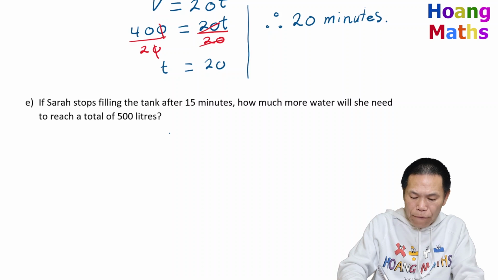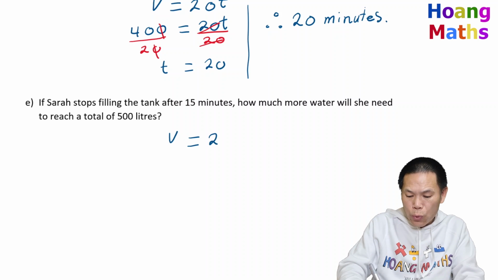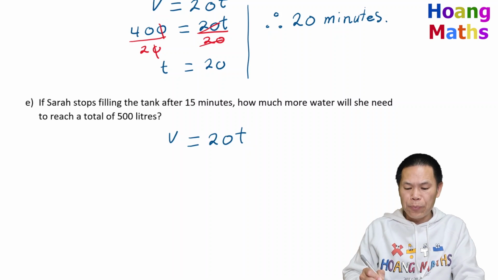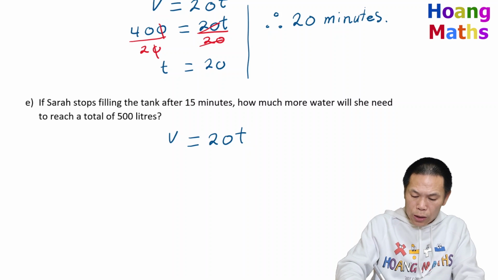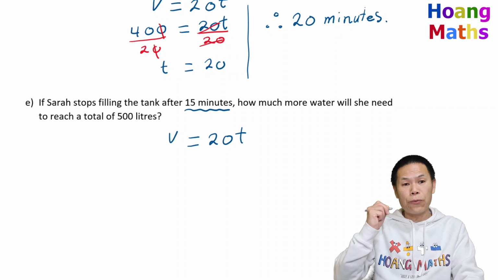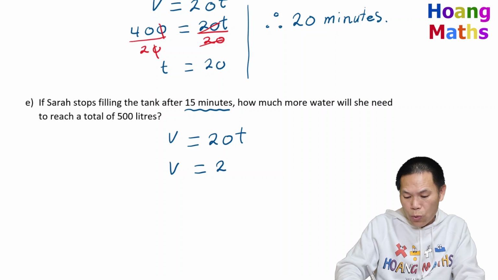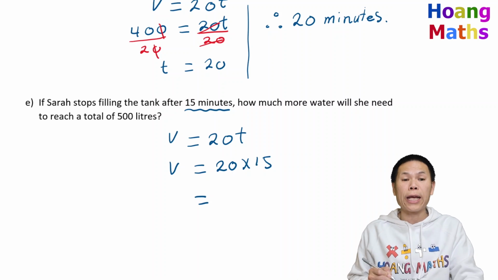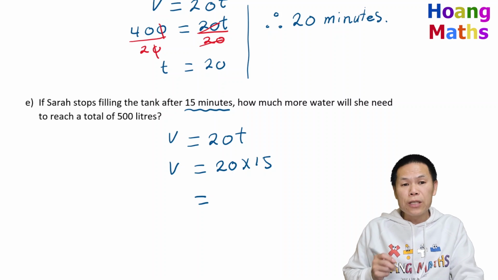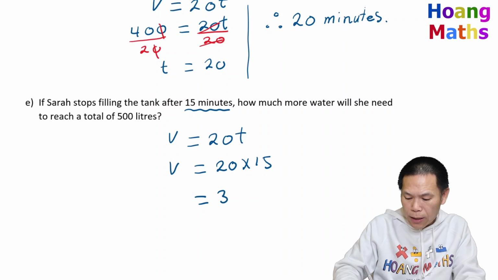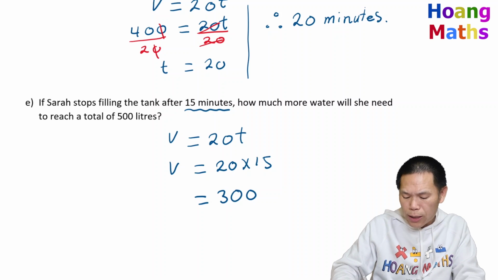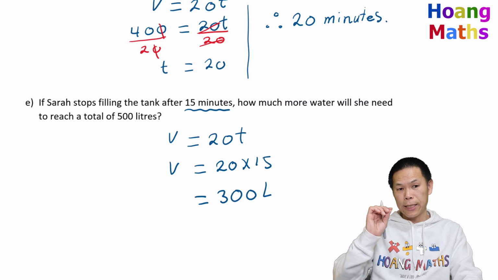So we know that V equals 20 times time, and this time T equals 15. So V will be equal to 20 times 15. And we can just put it on a calculator. 2 times 15 is 30, so add another 0. So 300 liters of water in the tank.